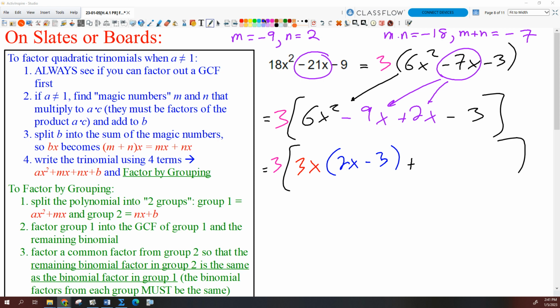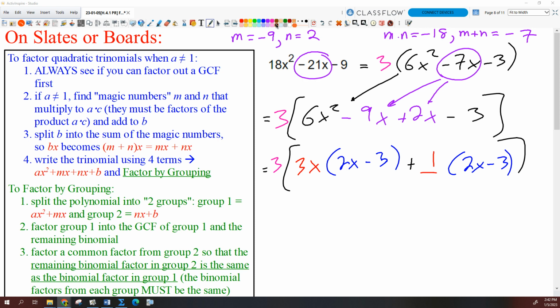Okay, so second group, I know something automatically. The blue stuff is the same. The leftover binomial is the same. It's got to be 2x minus 3, which means what do I have to factor out to make that happen? Which is 1. Okay? So I'll undistribute the blue common factor from each of the 2 terms. I can pull that out front with a 3, right?